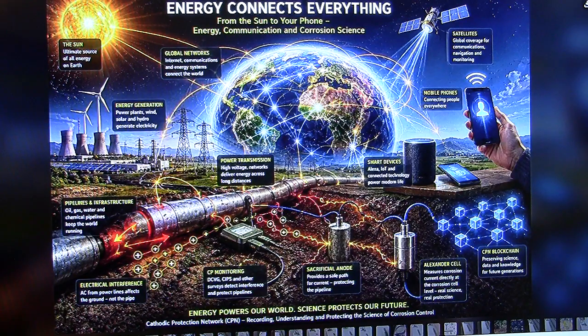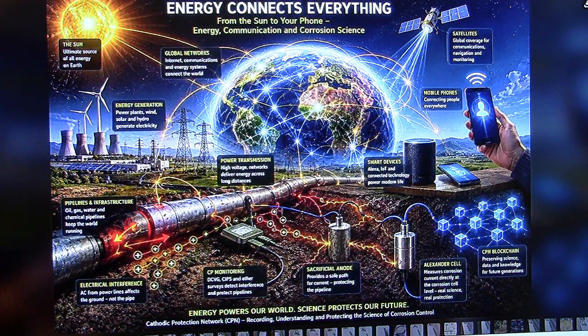This subject is extensively covered in our online correspondence course. The Cathodic Protection Network is continuing to investigate these fundamental questions in corrosion science, cathodic protection, electrical interference, and the measurement of the corrosion current.